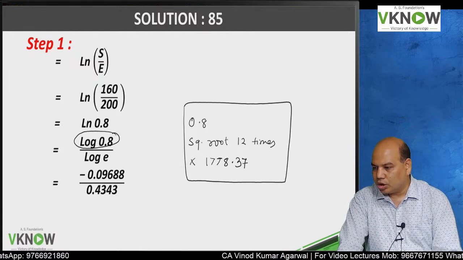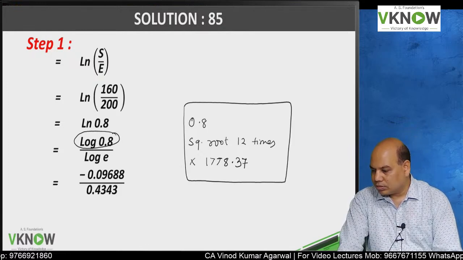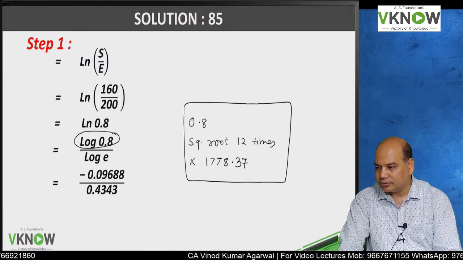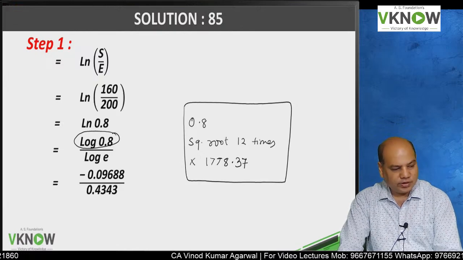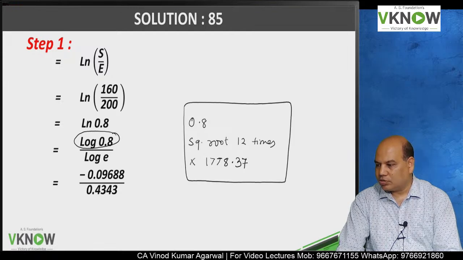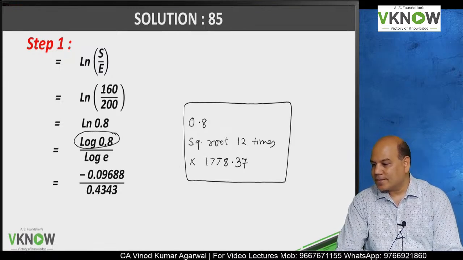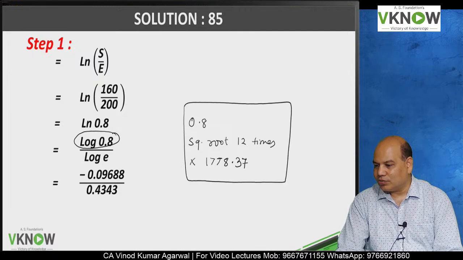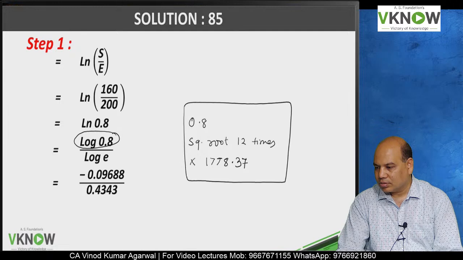That gives me the log value. Please check how much you are getting. Are you getting negative 0.09688?